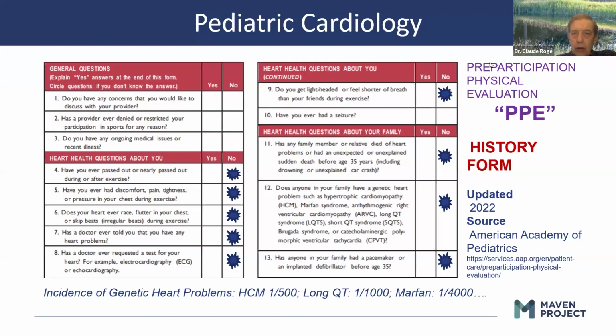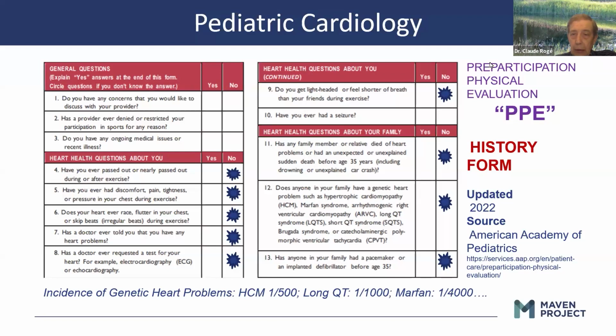But if you go over that list of conditions there, and if a relative has one of them, that may ring a bell for them and they say, oh yeah, my grandfather had long QT syndrome, or something like that.